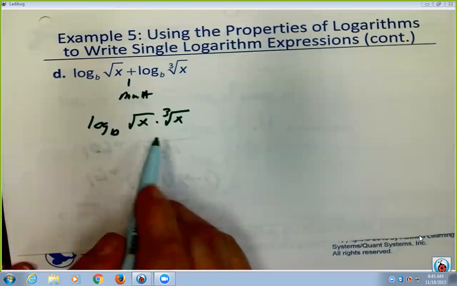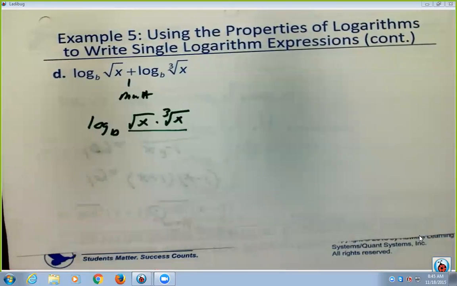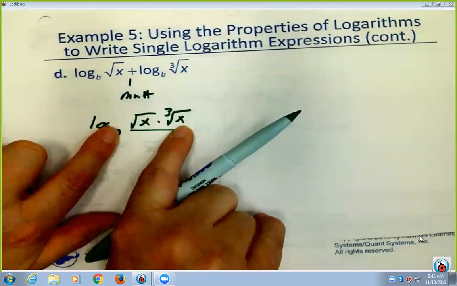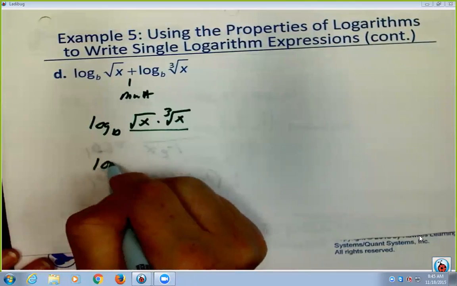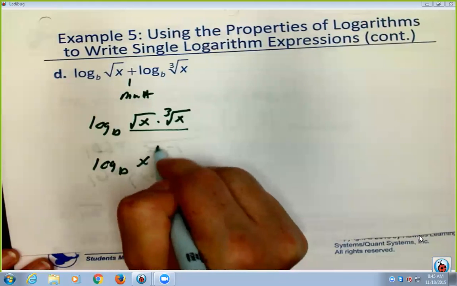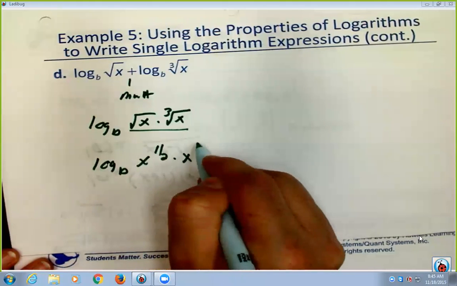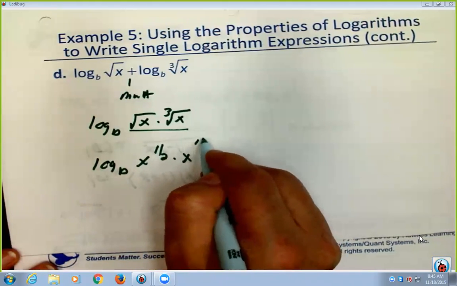I think you're okay doing that. Now, if we were back in chapter 9, we'd have to take that and simplify it, because then we would have log b of x to the 1/2 times x to the 1/3.